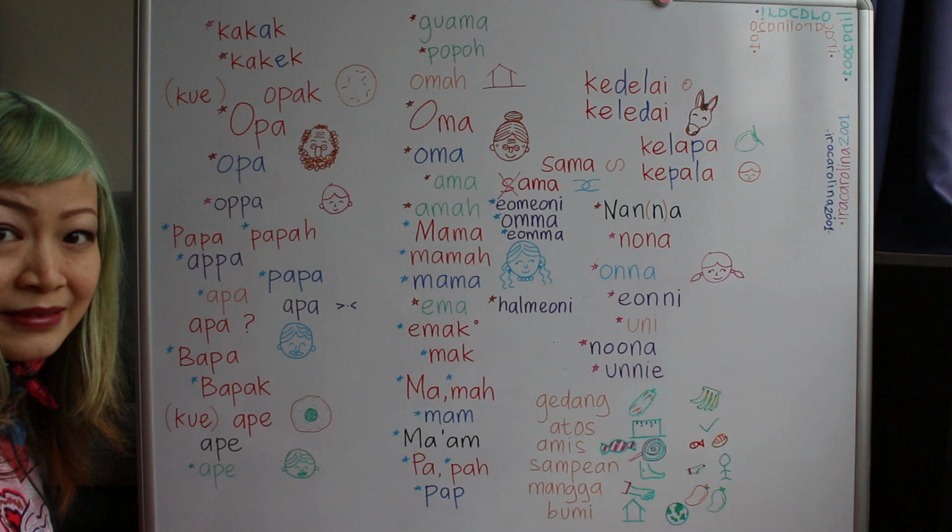But nowadays people just write it either with one N or two N here. Grandmother, grandma. In Indonesian language, for miss is nona. Miss, nona.